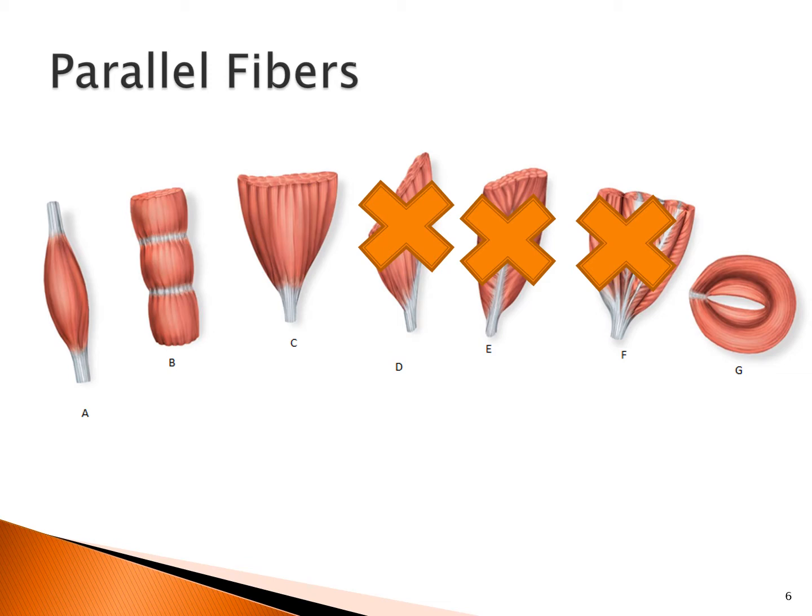Letter C, we're looking at radiate muscle, R-A-D-I-A-T-E, radiate. And this is going to be triangular or fan-shaped in nature. So again, I guess the difference between this and the pinnate muscle fibers is you can see that some of the fibers run straight down and some are coming in this direction, where with the pinnate muscles, they're kind of diagonal in nature.